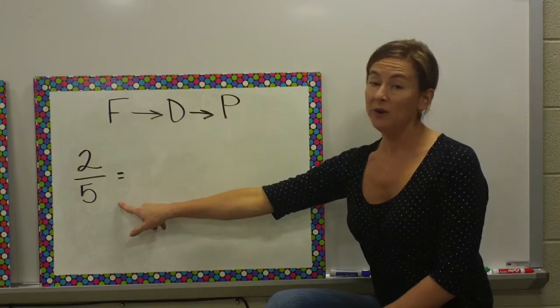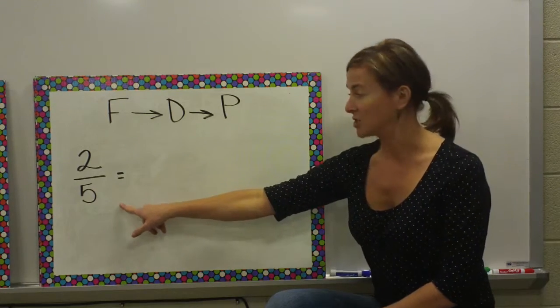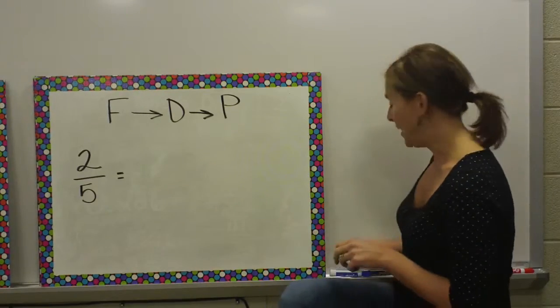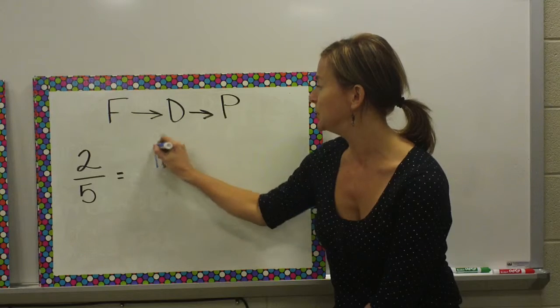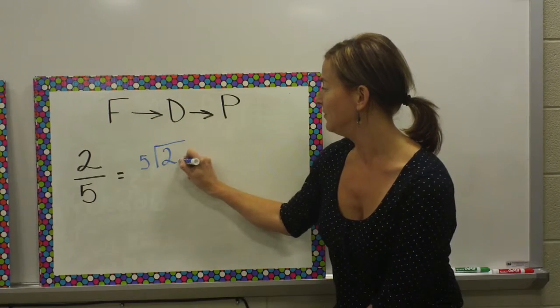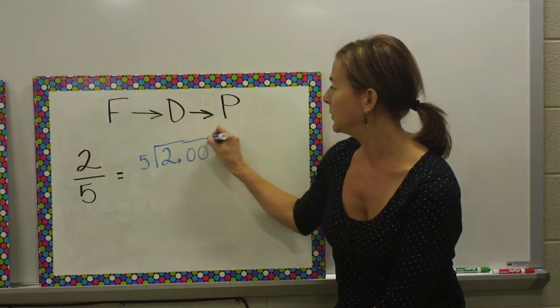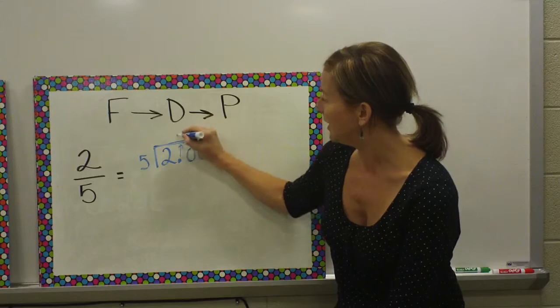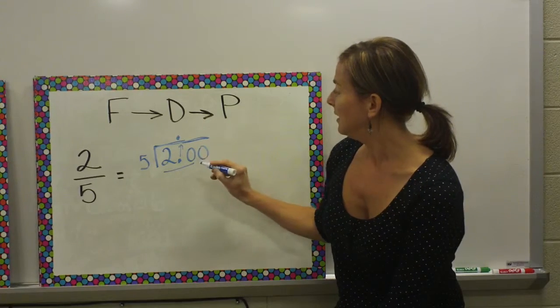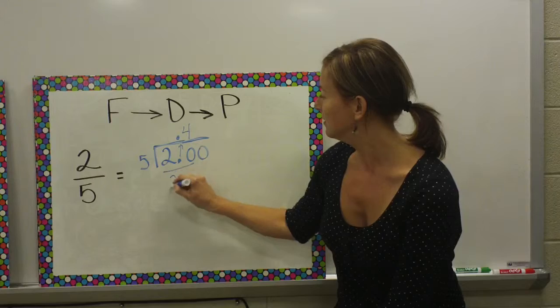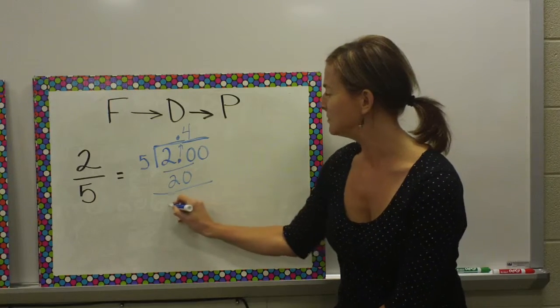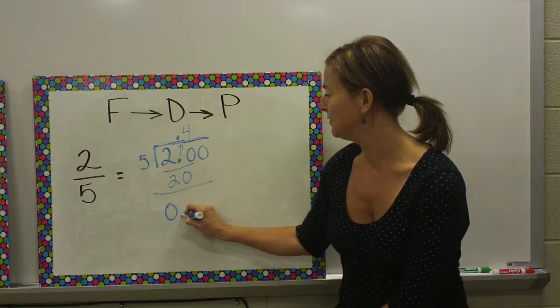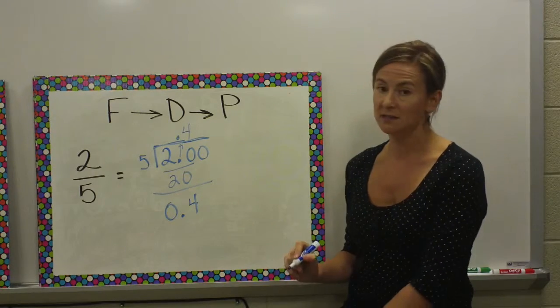So, we've already worked on turning fractions to decimals by dividing. So, if I divide 2 by 5, I'm going to see right away that it is going to be 0.4. So my decimal is 0.4 or 4/10.